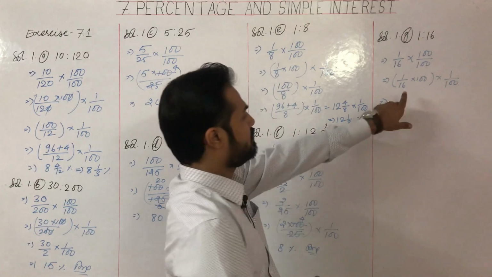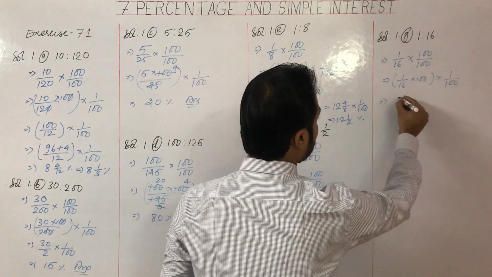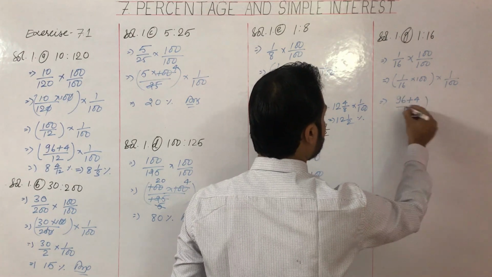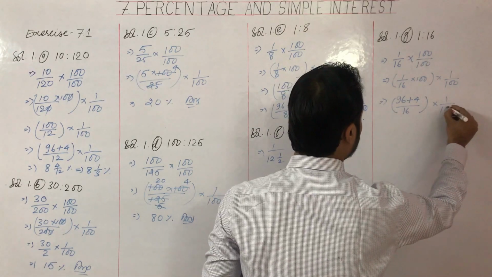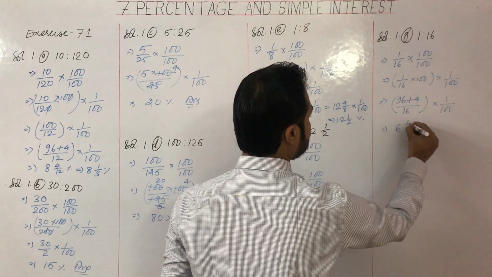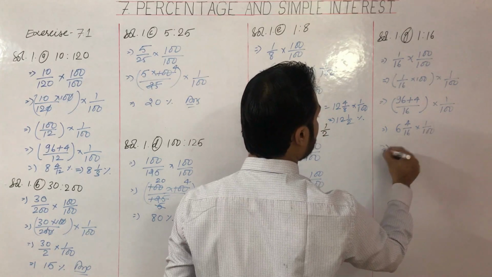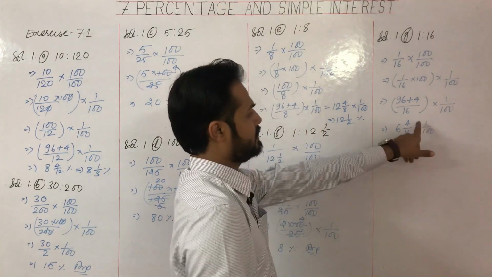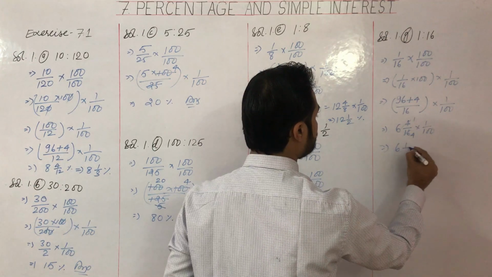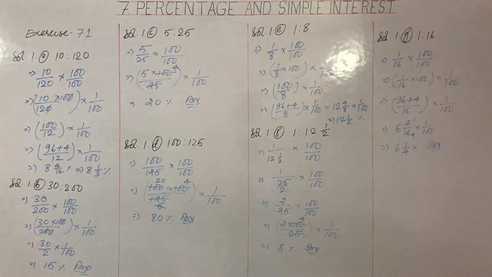So the last multiple of 16 before 100 is 96. So 96 plus 4 by 16 into 1 by 100. Now 96 by 16 is 6. So 6, 4 by 16 into 1 by 100, or in reduced form, 4 by 16 is again 1 by 4. So 6 1 by 4% is the answer.